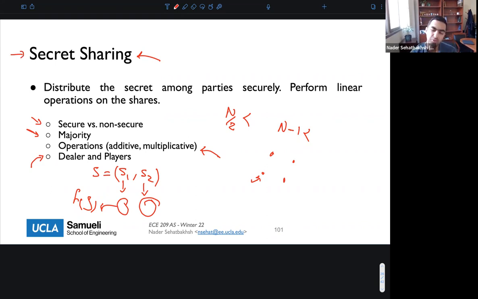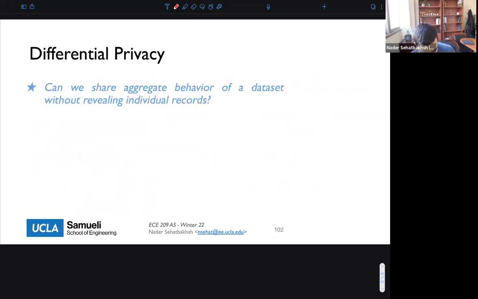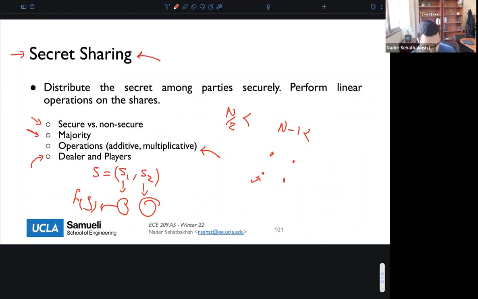Secret sharing is usually much more limited than homomorphic encryption and multi-party computation. That's why it's less popular in some cases. But secret sharing is usually combined with homomorphic encryption or multi-party computation, because there are some scenarios where secret sharing can be much more effective and impose less overhead.